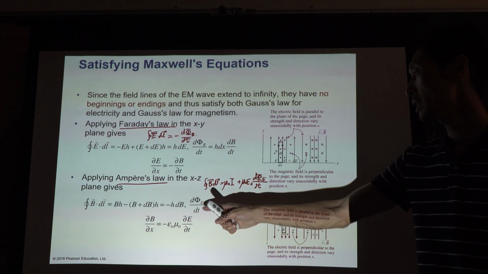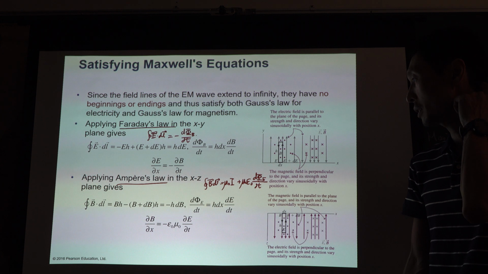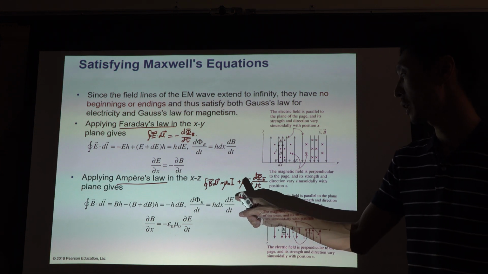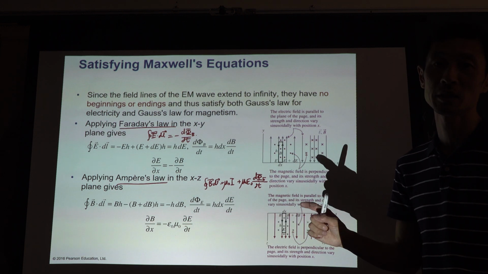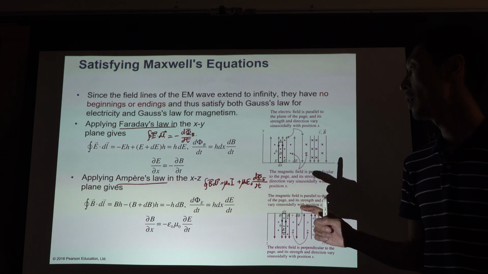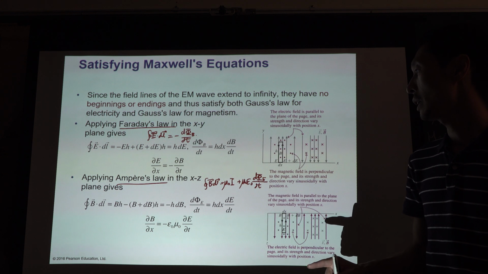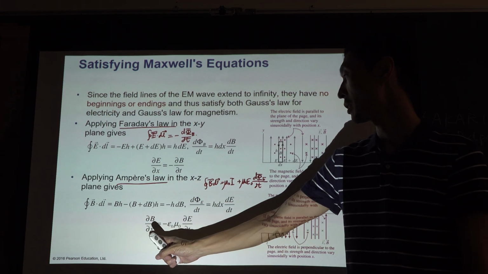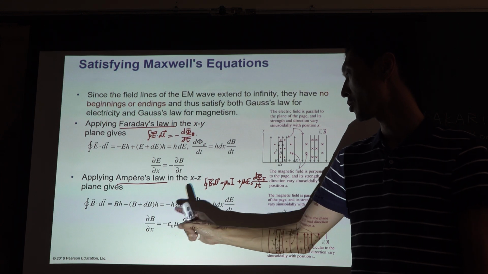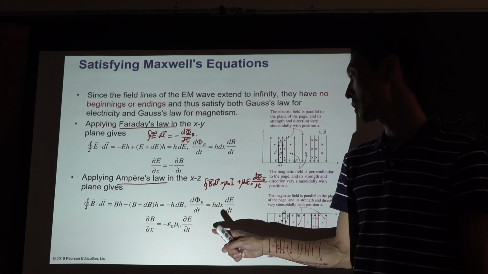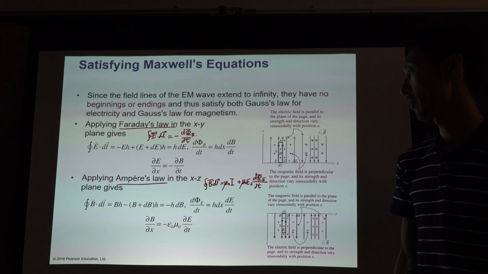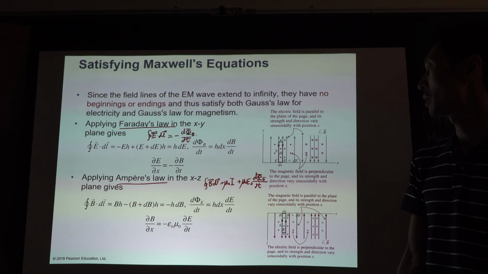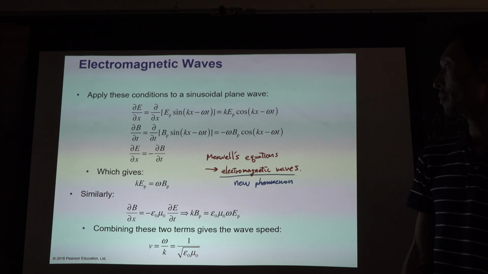What is the change in electric flux? You move a little bit and you just get dE/dt, because h doesn't change. And Ampere's law is saying this equals this, so minus dB h equals this. So that's what Ampere's law is telling us.